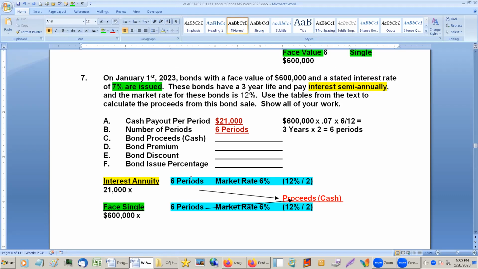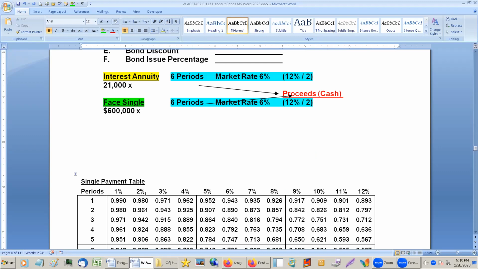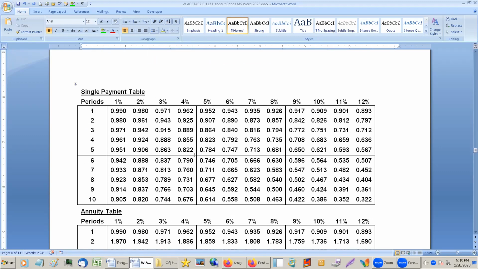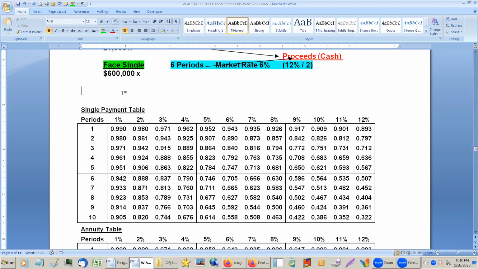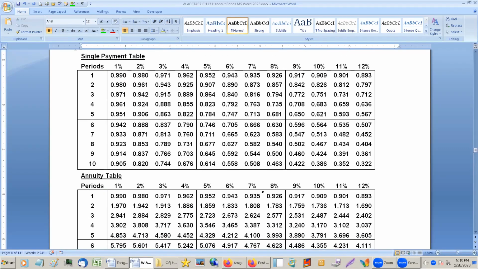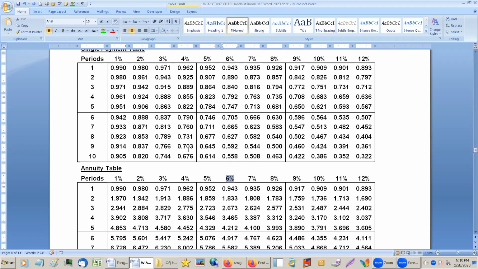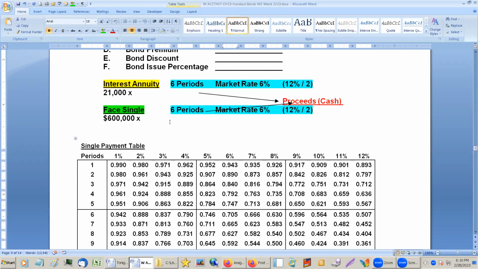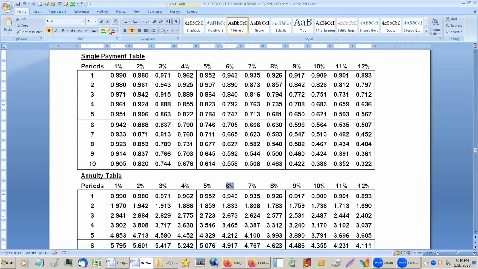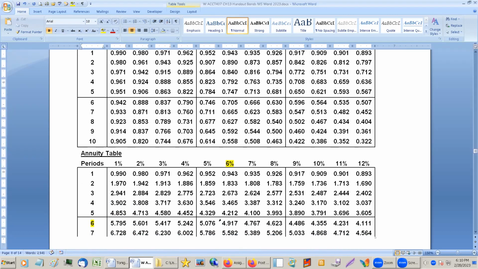So the annuity. 6 periods, the market rate is 6%. So 21,000. Get my table up here a little closer. 6 periods at 6%: 4.917.